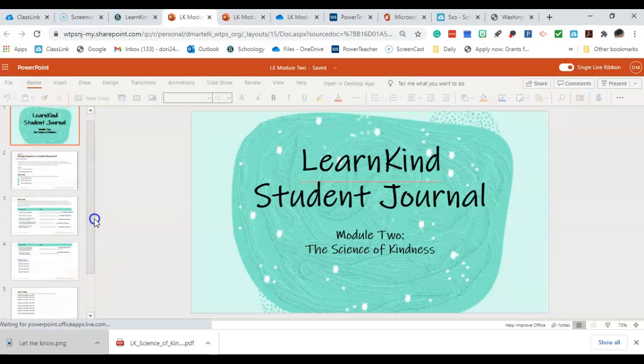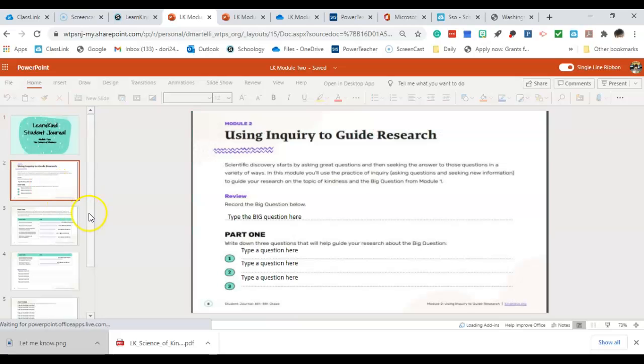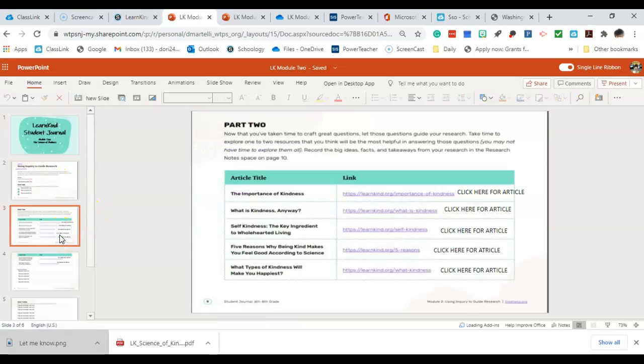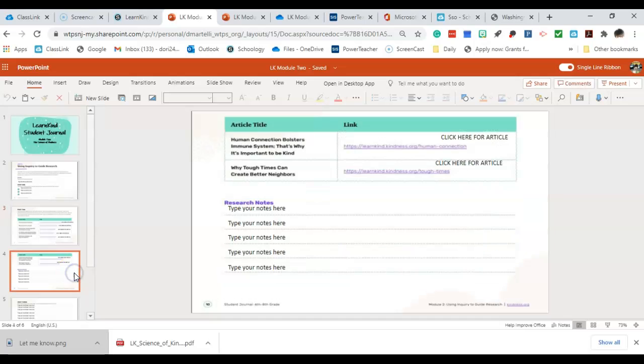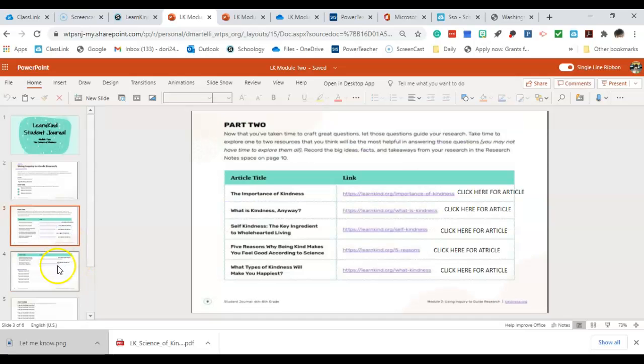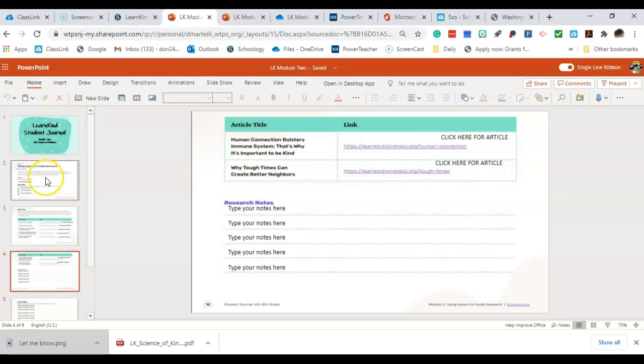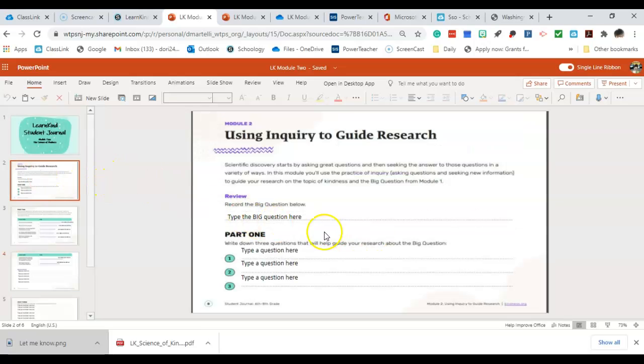Okay, and I want you to go through the first couple slides on your own and see what you can do on your own for the first couple slides. Okay, there's some articles to read, some information about the articles, and some thoughts that you might have had. Alrighty? Okay, so that's what this is.